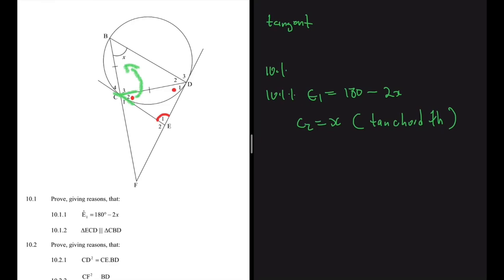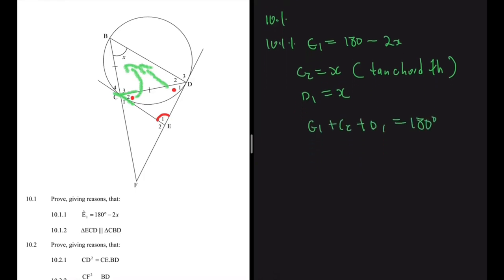And at the same time, D1 is also equal to B, right? Because D1 is between tangent DE and chord CD, and as we have said, chord CD subtends angle B, which is X. So now we can say that D1 is also equal to X. Now you realize that E1 plus C2 plus D1 should be equal to 180 degrees, the sum of angles in a triangle.